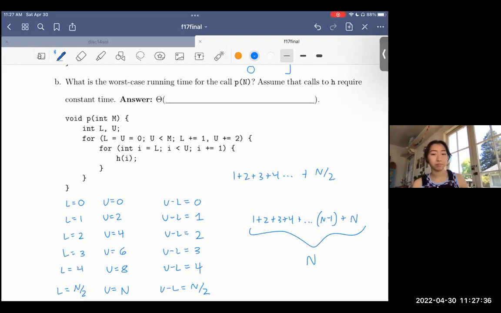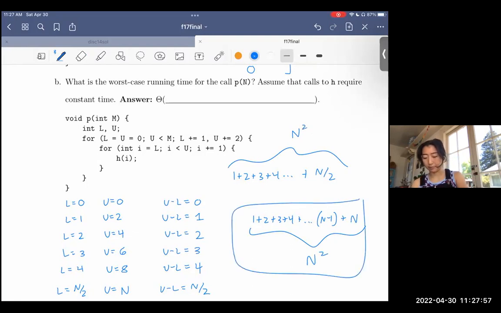It's bounded by N squared. Which means this is approximately N squared over 4 work. But in asymptotic analysis, we don't really care about multiplicative factors. And so in total, it does N squared work. Or sorry, I've been saying N. I meant to say N squared in all of these.